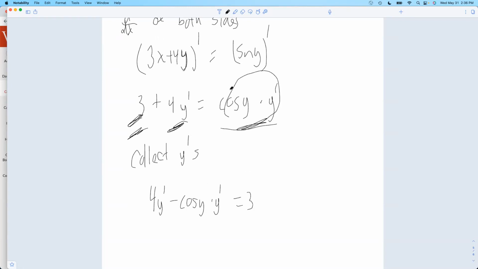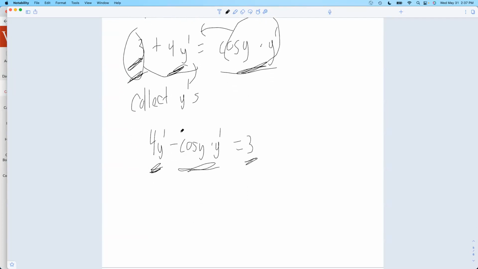So I took this one over to the left, and took this 3 to the right. Notice I have 3 terms total. Every term on the left has a factor of y prime, and everybody on the right has no y primes. Remember, terms are the things in between the pluses and minuses.